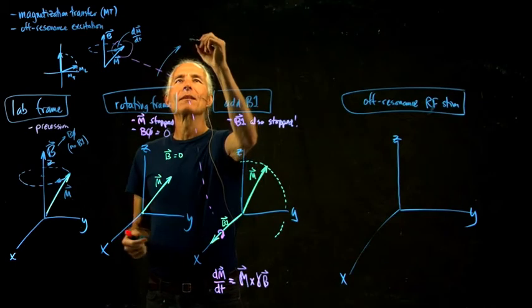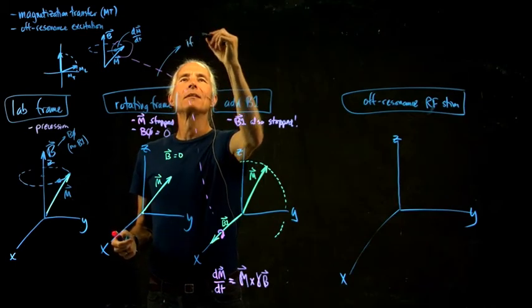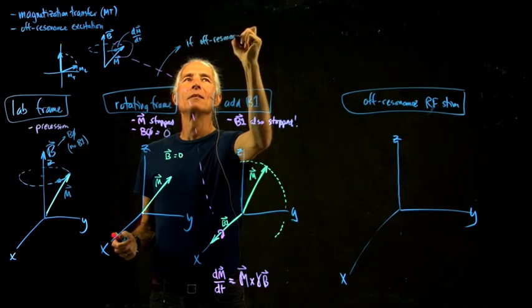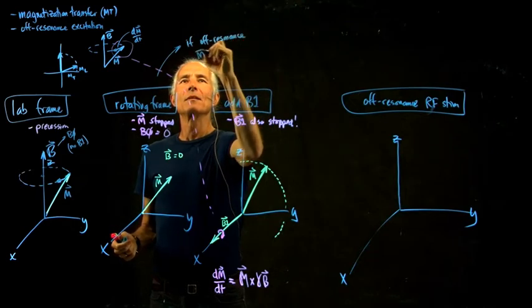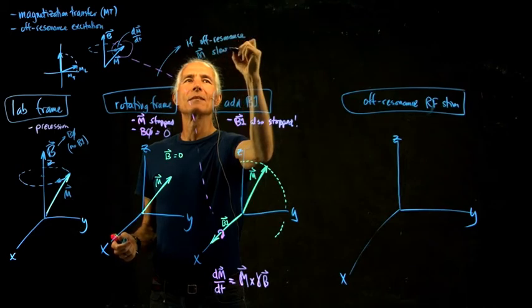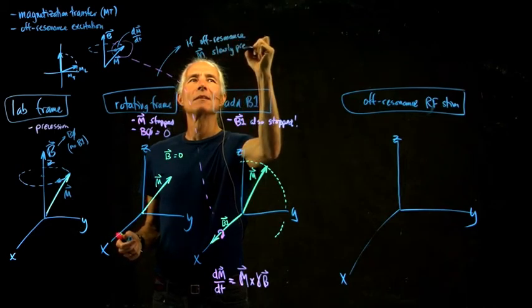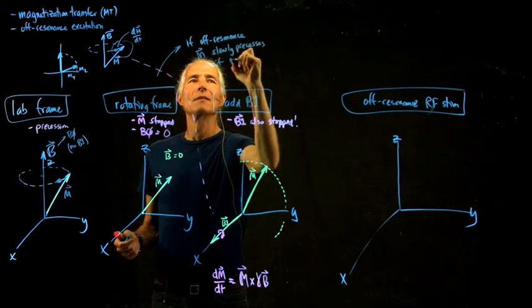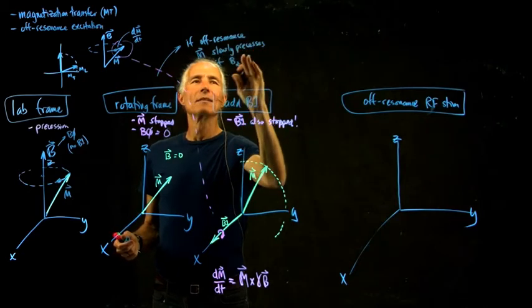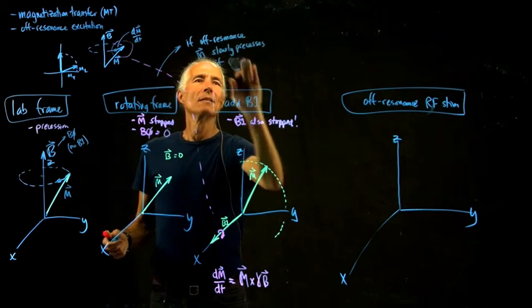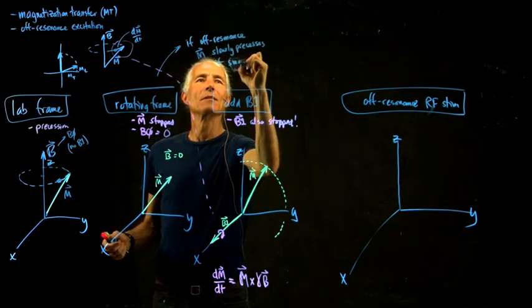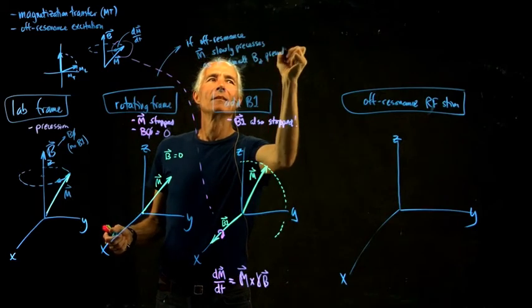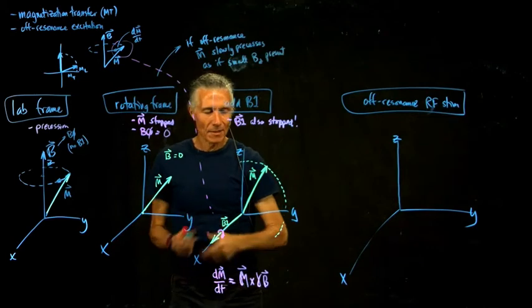So if off resonance, M slowly precesses as if a small Bz is present.